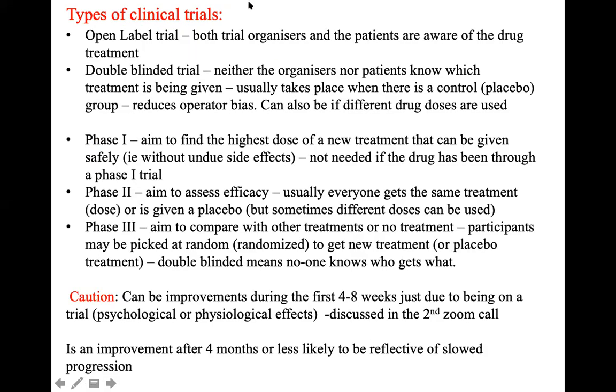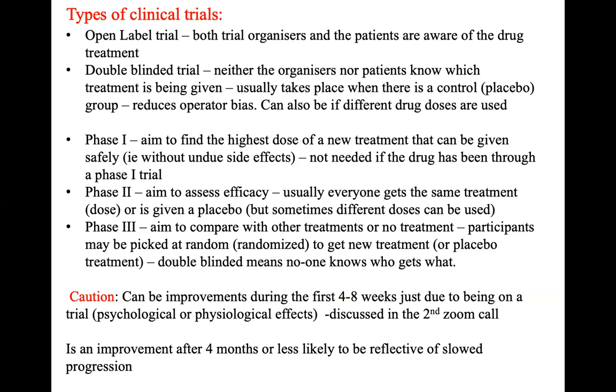Okay. So before I start talking about various clinical trials, I want to tell you about the type of clinical trials there are, because I think you'll hear these words and they might be a bit confusing if you don't know about them. So trials can be open label trials, and that means both the participants in the trial and the people carrying out the trial are aware of what drug treatment individuals are being given.